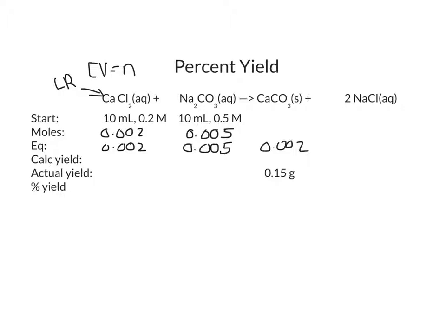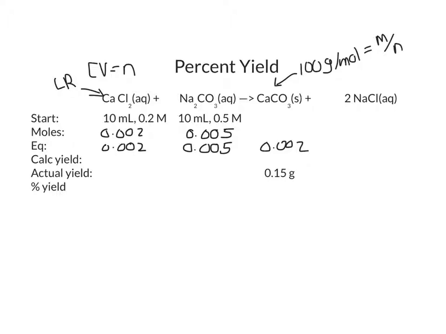Now it turns out that calcium carbonate has a molar mass of 100 grams per mole. And so if I want to figure out the number of grams I could make, I remember that molar mass is equal to the mass divided by the number of moles.